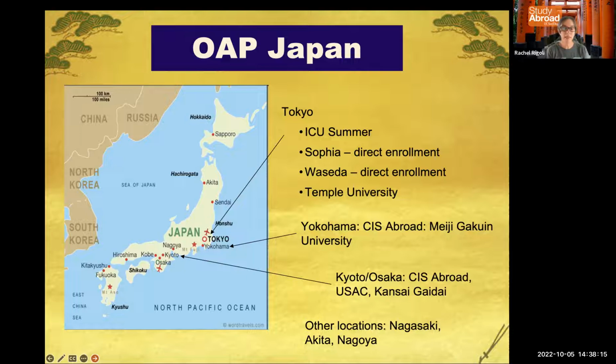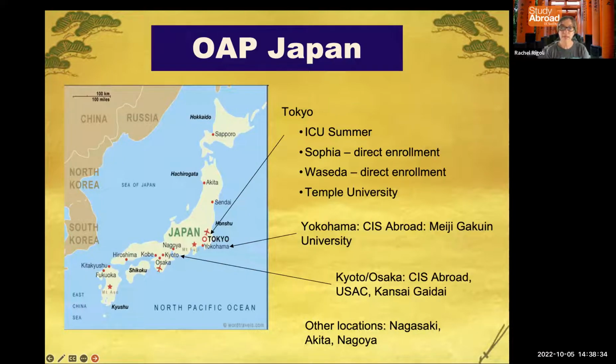Or maybe, I think CIS Abroad has a lower GPA requirement. So it's not a 3.0, it's I think like a 2.7 or something like that. So maybe you don't meet the GPA requirement for UCAP, but you really like the Meiji Gakuin program. That's going to open up the opportunity for you to go through CIS Abroad.